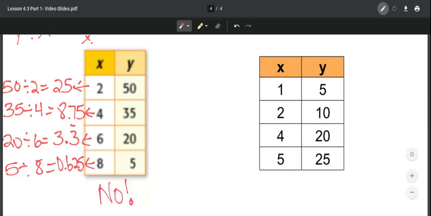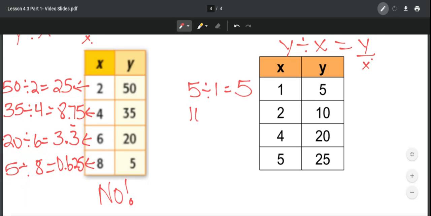Again, we will divide y by x, or we will put y over x, okay? So when I divide 5 by 1, I get 5. 10 divided by 2 equals 5. 20 divided by 4 equals 5.